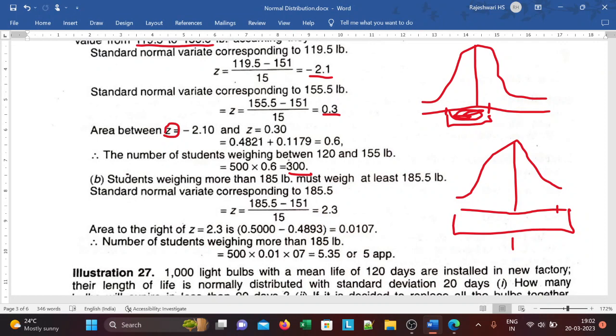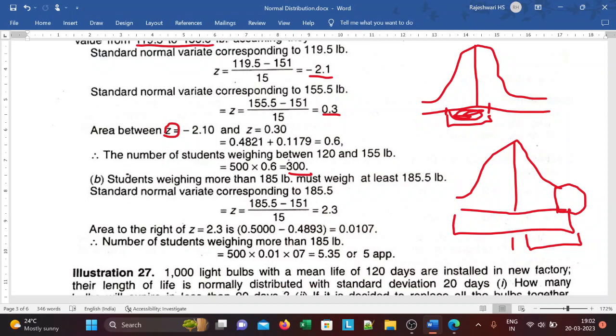We are going to find the weight more than 185 pounds, that means the area more than 185.5, above this 2.3. So for that reason 0.5 minus this one, and we'll get the remaining balance.